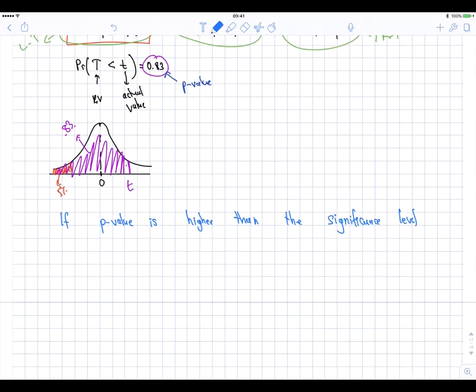I fail to reject the H0, right? I fail to reject. And if the p-value is lower than the significance level, I reject.